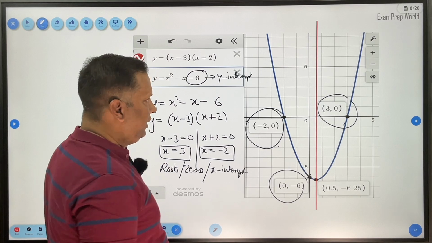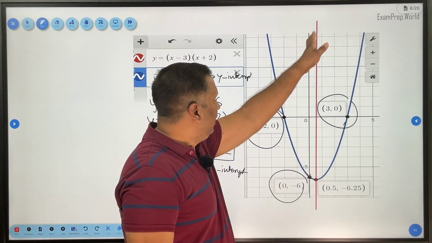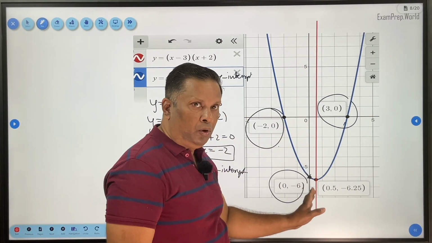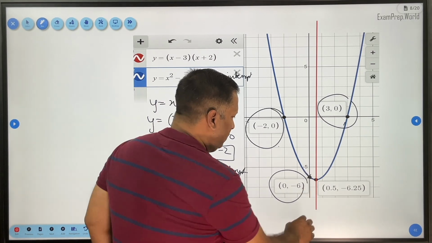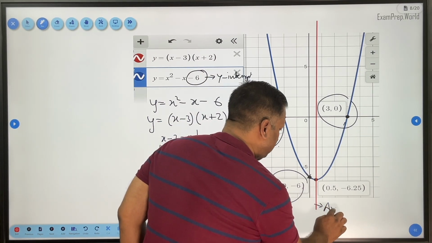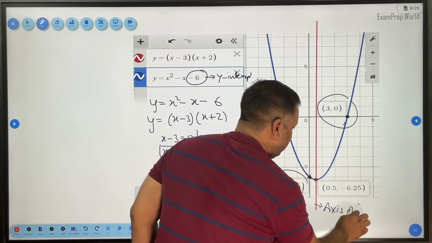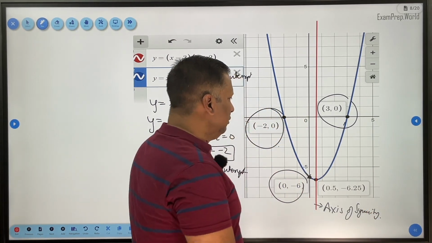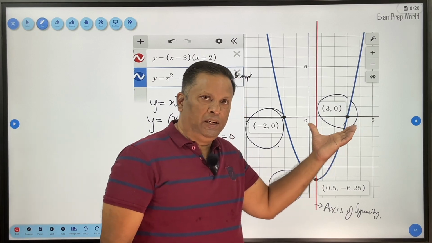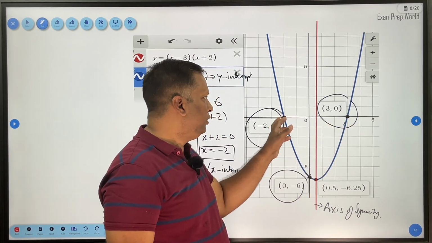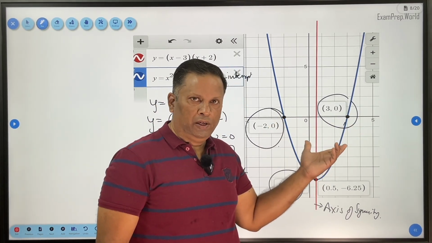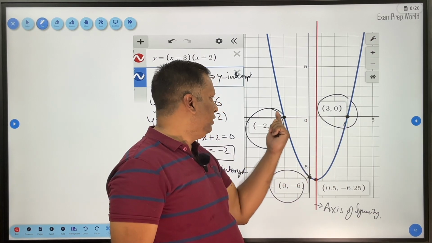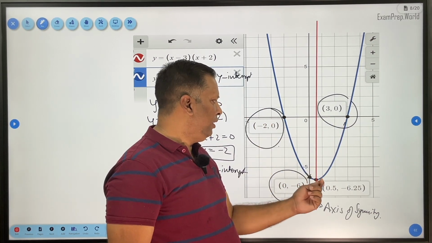Now what is the vertex? For finding the vertex, you see this red line? The red line is called the axis of symmetry. Now, the axis of symmetry will be exactly in between 3 and minus 2. You know the midpoint formula, right? 3 minus 2 is 1, 1 divided by 2 is 0.5.